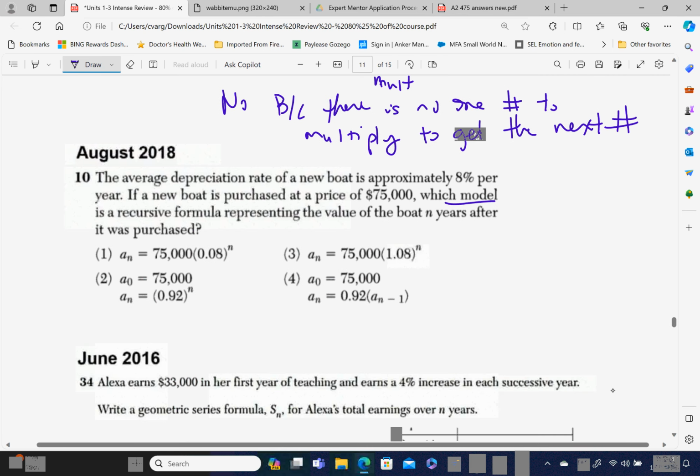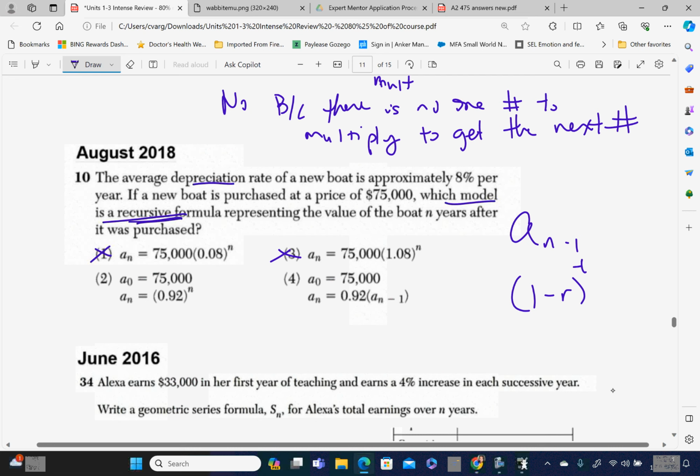It says in the next one, which model is recursive? So it has to have the a_(n-1) thing in it. 1 and 3 are not even recursive, so why are we even going there? Okay, so it says depreciation, so that's going to be 1 minus our rate to the time, right?